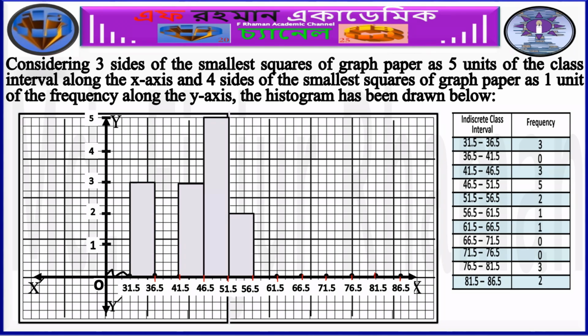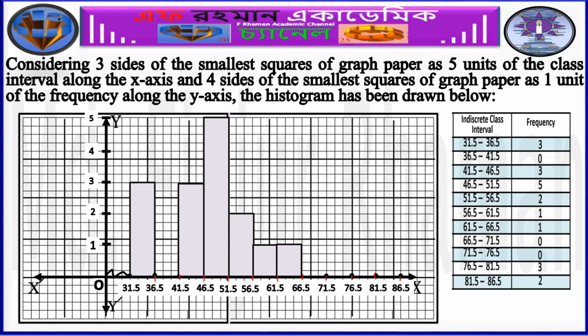Since the frequency in the class interval 56.5 to 61.5 is 1, the length of 4 smallest squares will be the height of this rectangle. Since the frequency in 61.5 to 66.5 is also 1, the same rectangle will be in this class interval.